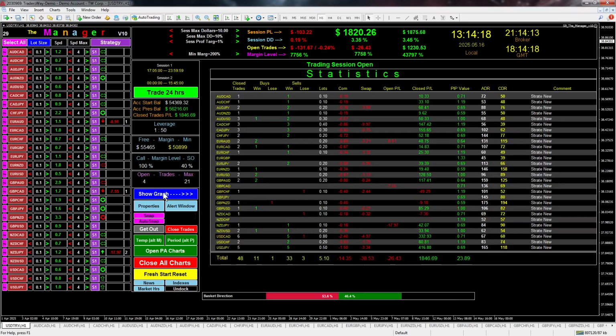And of course back here you can see what this particular system has been doing so far. Right here, see? 48 trades, not too bad. You got that many losers.